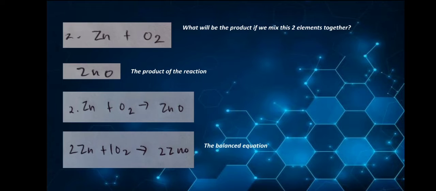So in case the ions you combine have the same charge, even with the opposite sign, they are going to have a 1-to-1 ratio. So the product will be zinc oxide. And now, for balancing the equation, I put 2 on zinc and 2 as well on the zinc oxide side. And now we have a balanced equation.